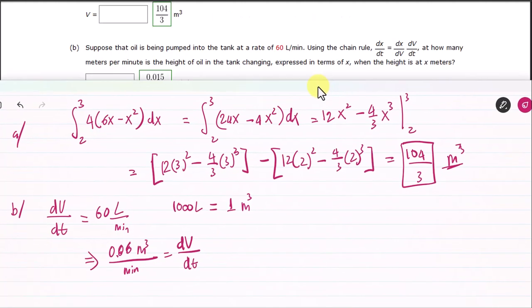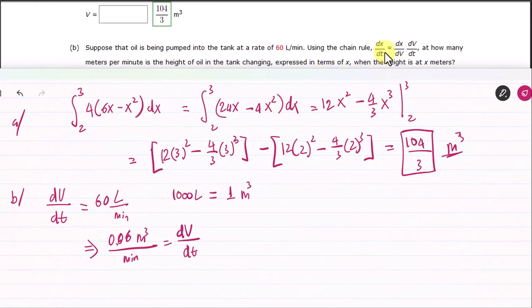Now they ask you to use the chain rule to find how many meters per minute the height of oil in the tank is changing, or dx/dt, because x is the height. What is the rate of change of the height with respect to time t?